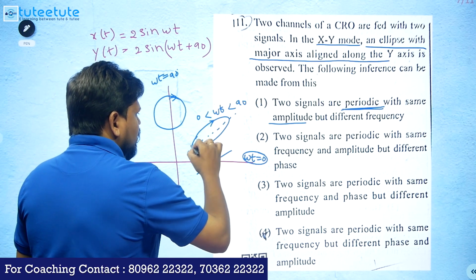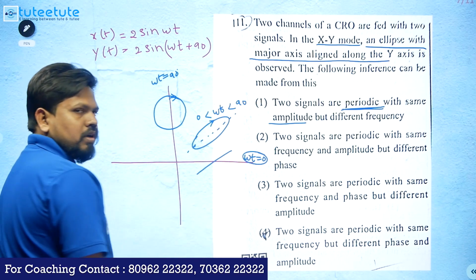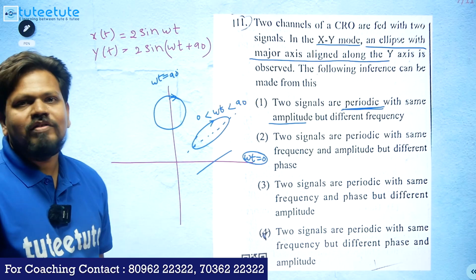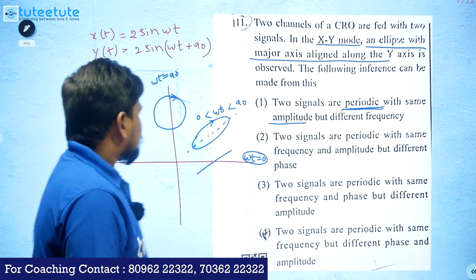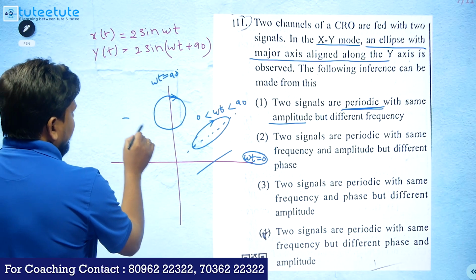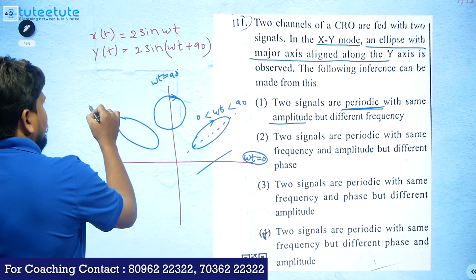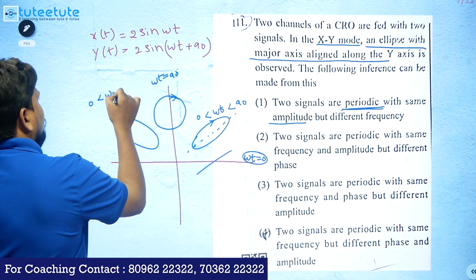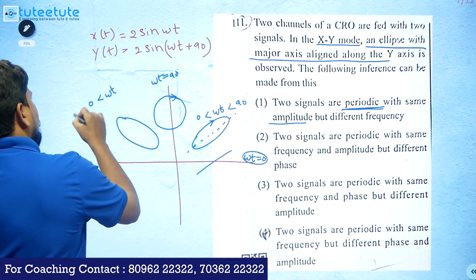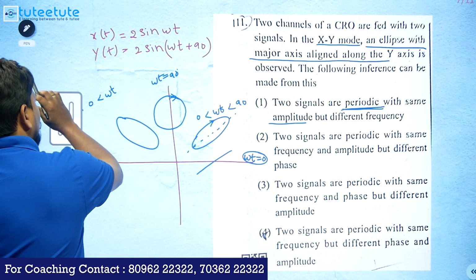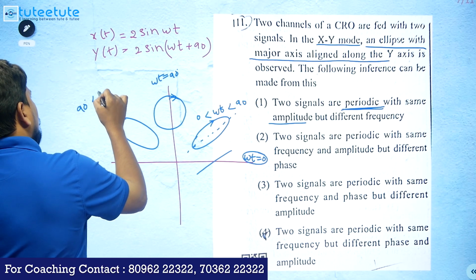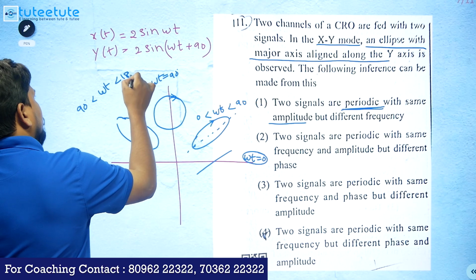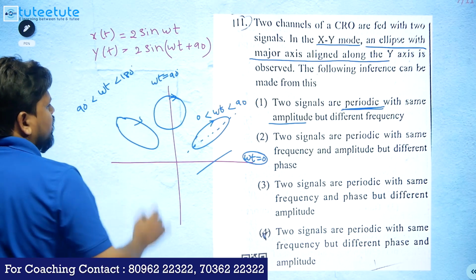In an ellipse the major axis will be this one, but for a circle we don't have any major axis, we have only radius and diameter. Next, between 90 degrees to 180 degrees you will get a clockwise rotating one.